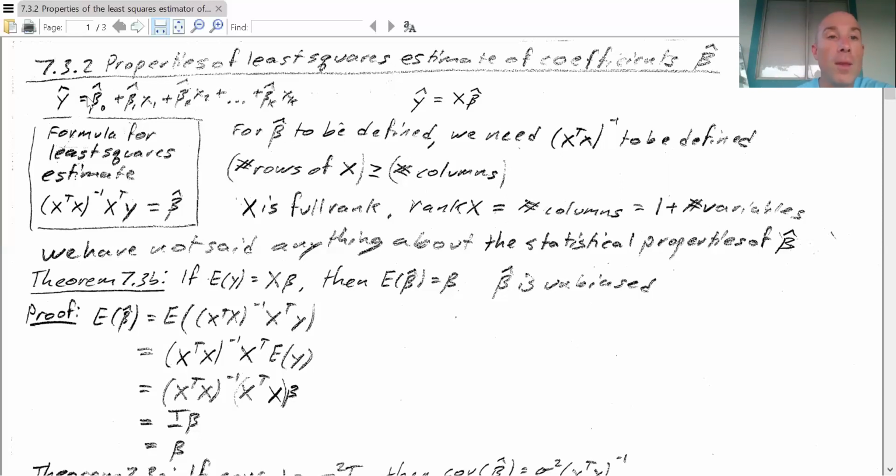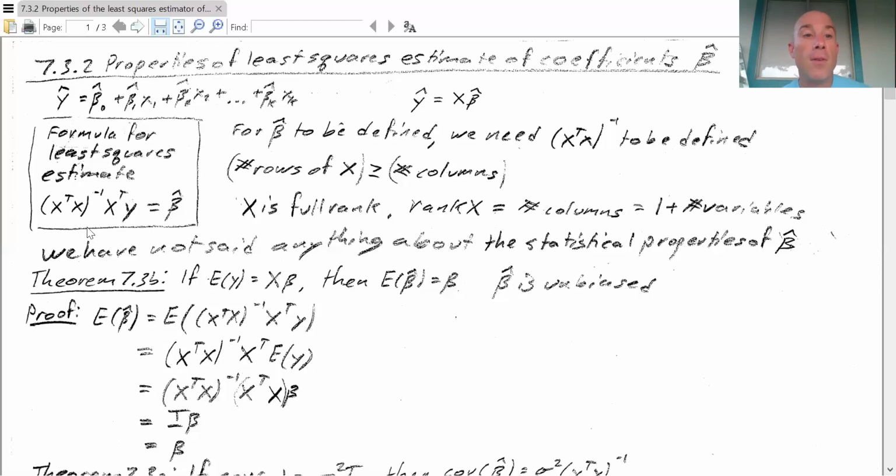Okay, so when we're in the situation that we want to do least squares estimation, first of all, we want the solution to exist. We want the solution to be unique. So the big thing that we need from this formula is that we need this inverse to exist.